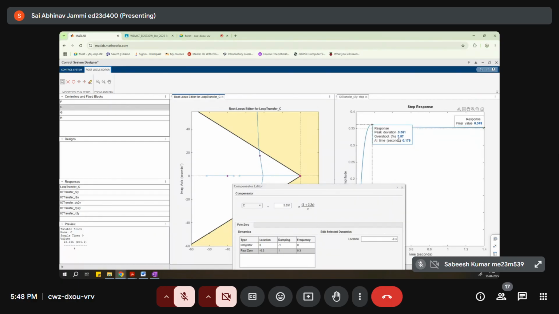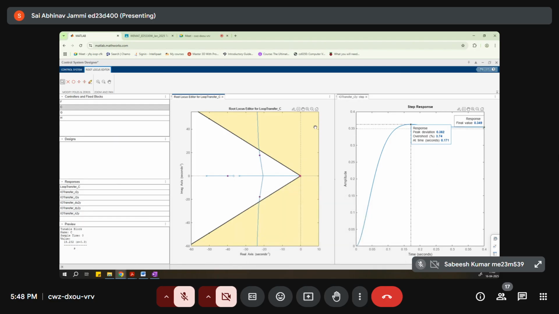Yeah, overshoot is now less than 3.74. It's settling at 0.4 seconds. So now I can fix these values, right? So this is how you manipulate the location.